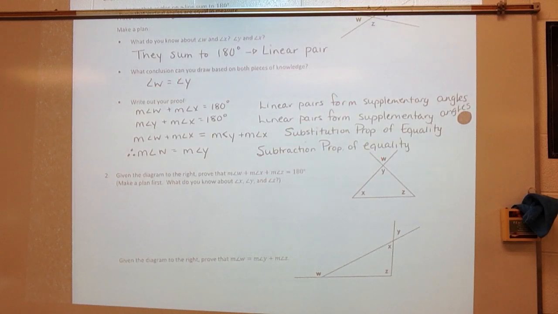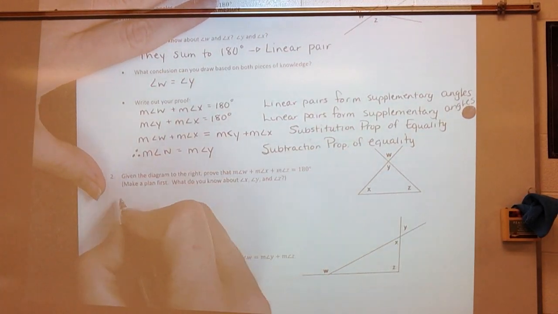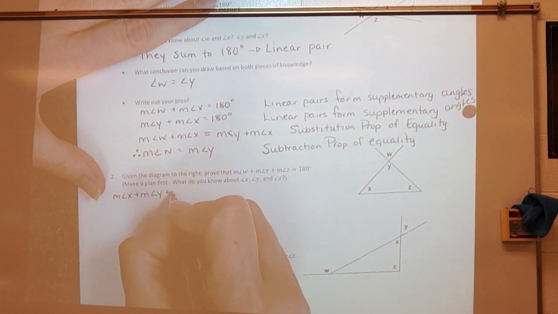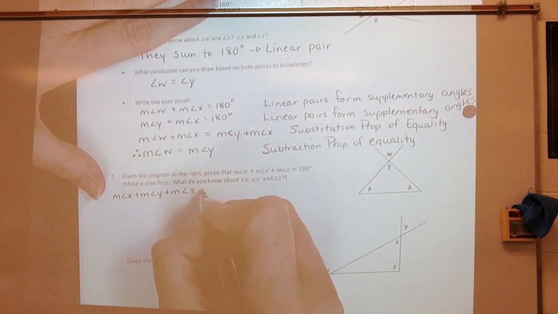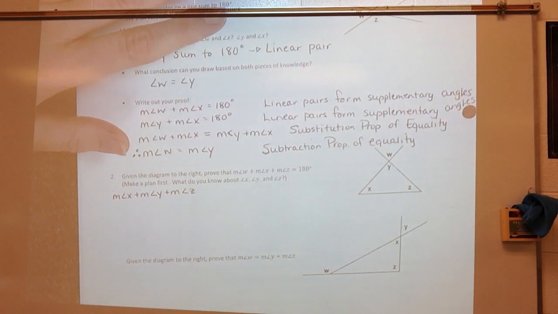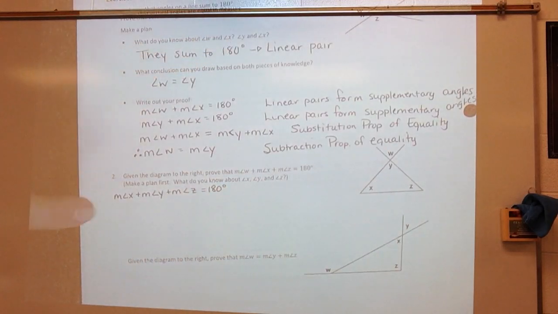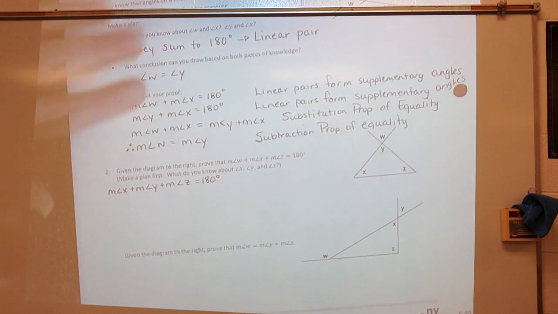Alright, so what do I know about the measure of angle Y plus the measure of angle X plus the measure of angle Z? It's going to give me 180 degrees. So the measure of angle X plus the measure of angle Y plus the measure of angle Z equals 180 degrees. And guys, you'll notice with a proof, I give a statement.